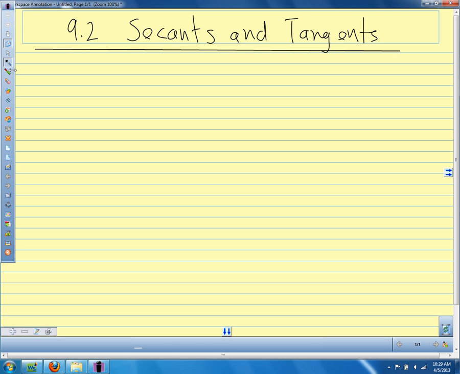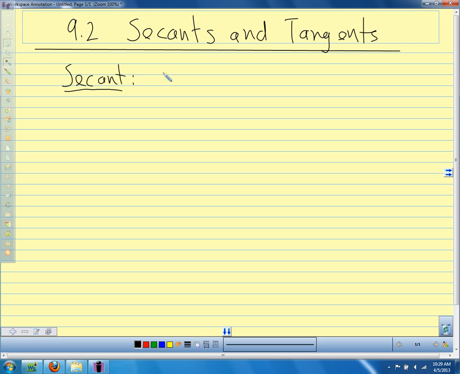Secants and tangents. Secants and tangents are special lines that, when they intersect circles, cause certain things to happen. So let's first talk about what a secant and a tangent are. There are only three possibilities with lines and circles.